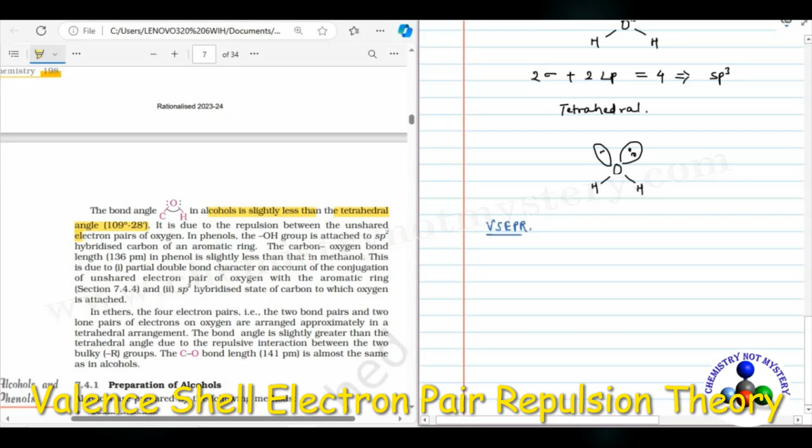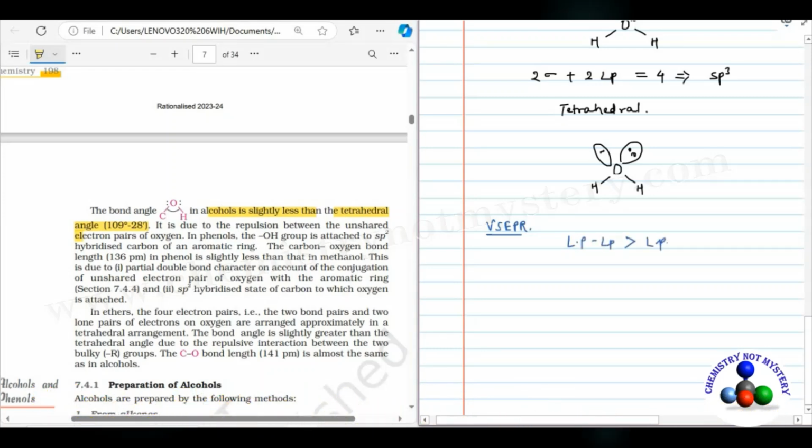According to VSEPR theory, there is maximum repulsion between lone pair and lone pair, and moderate repulsion between lone pair and bond pair, and there is least repulsion between two bond pairs. So as there are two lone pairs, they repel each other at maximum distance, and these lone pairs repel the bond pairs as well, pushing them away.